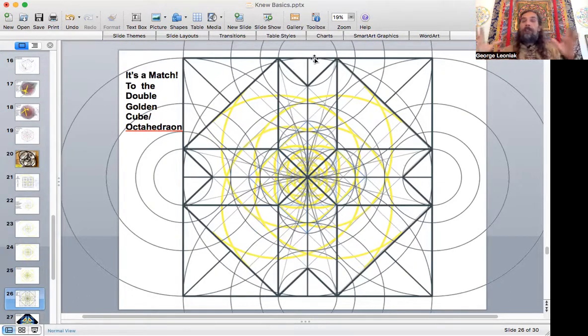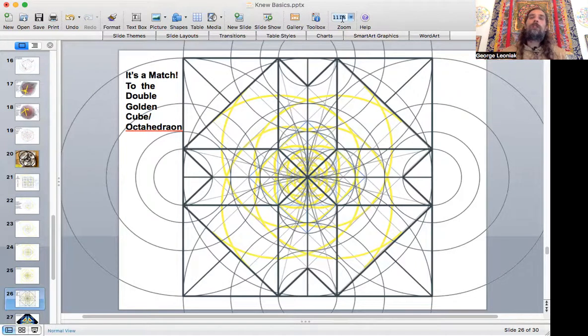So we have a jitterbug thing going on here. We can slightly modify this in ways to get all our Platonic solids, plus have these open channels in between, which now at the center of this point is the center point of the whole thing, of the cube octahedron. Let's take a look at it a little bit closer.